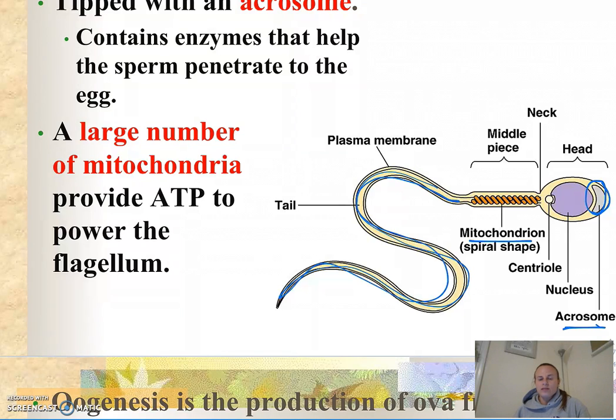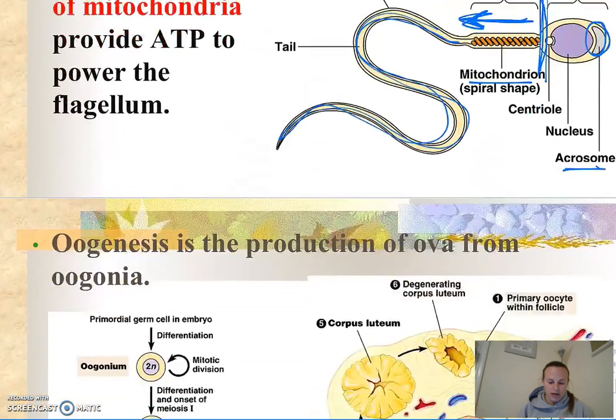However, when that sperm enters the egg, only the head enters. So all of this mitochondria, any mitochondrial DNA from dad, does not enter the egg. That's why your mitochondrial DNA is exclusively from your mom.